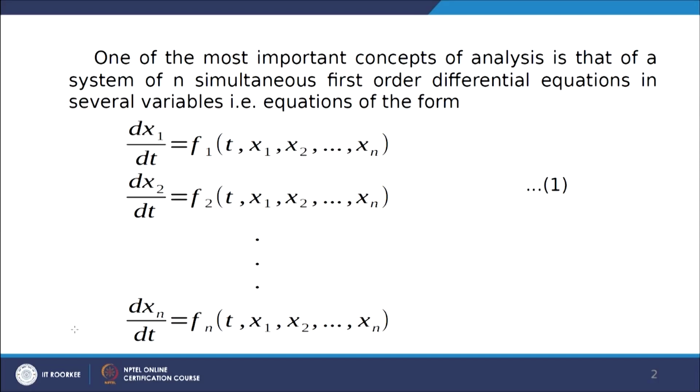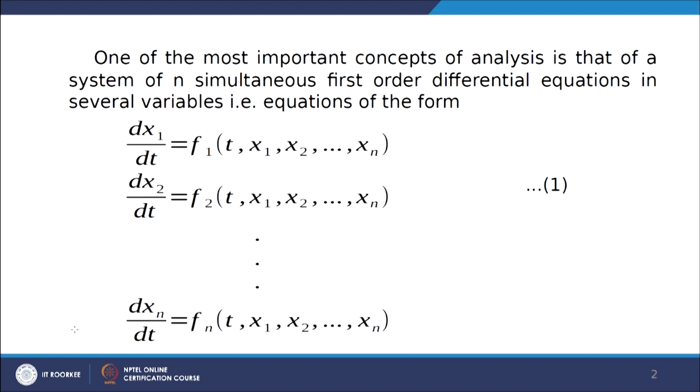In this lecture we shall discuss linear systems of ordinary differential equations. One of the most important concepts of analysis is that of a system of n simultaneous first order differential equations in several variables.